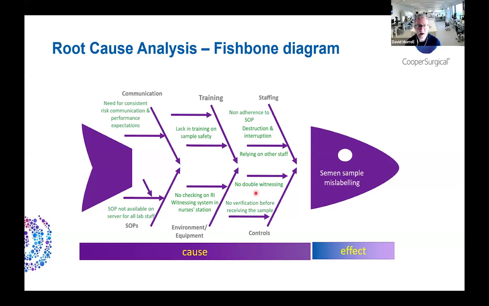We might not have effective double witnessing or verification of identities before receiving the sample, and so on. That just highlights the sort of way you track back from an adverse event and look at all the contributing causes to try and highlight weaknesses. And there may be one, or there may be several small factors that contribute to a larger event.